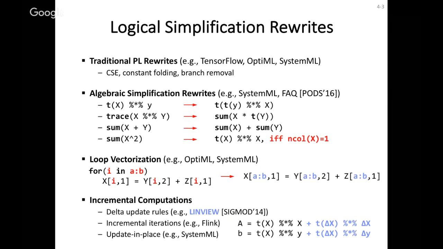Finally, we also have a couple of papers that try to perform incremental computations. For example, the LinView approach tries to compute delta update rules. Remember, June presented a closed form linear regression where the core bottlenecks are computing the matrix multiply of tx and x and tx and y.